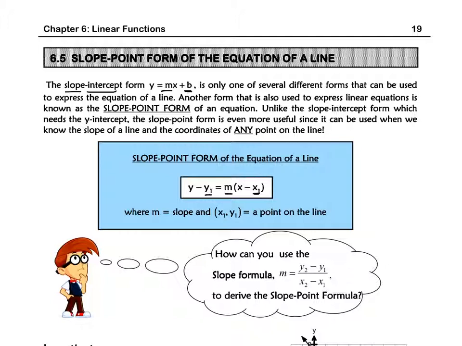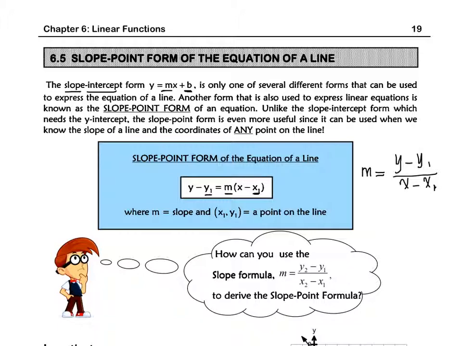The slope-point form of the equation actually comes from using your slope formula, difference in y coordinates over difference in x coordinates, but you kind of have to consider xy being like a general point that's on the line instead of like x2, y2. So if we use the point xy and a point x1, y1, the slope would be y minus y1 over x minus x1.